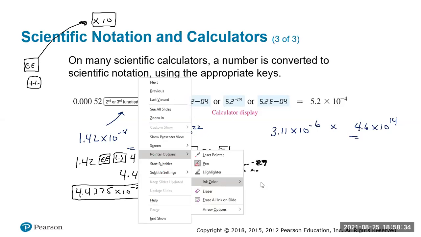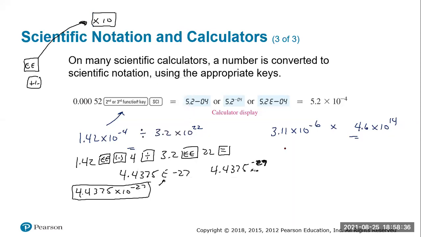Let's take a look at the last one here. Again, I'll write what I would type in. I would go 3.11, hit my exponent button, that's going to take care of this part of it. I'm going to hit my negative button and 6, and then I'm going to hit my multiplication button. I'm going to go 4.6, hit my exponent button, which again will take care of this part, and 14 and an equal button.